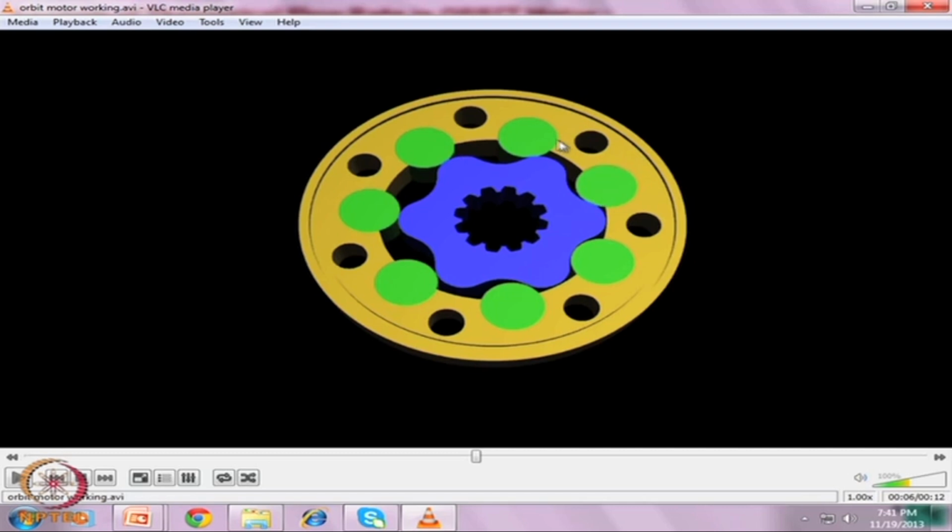In this case we have taken 7 and 6, so pi divided by 42, around 4.3 degrees or 4.27 degrees, after which this chamber will be at its bottom dead center, the maximum volume.